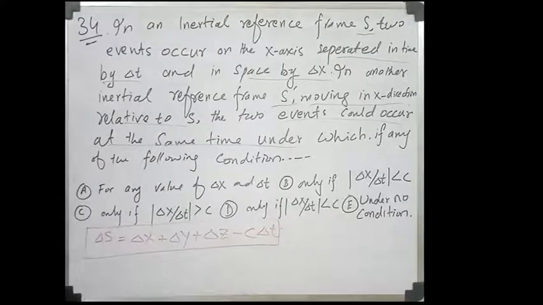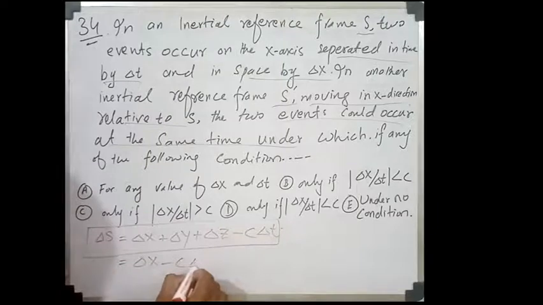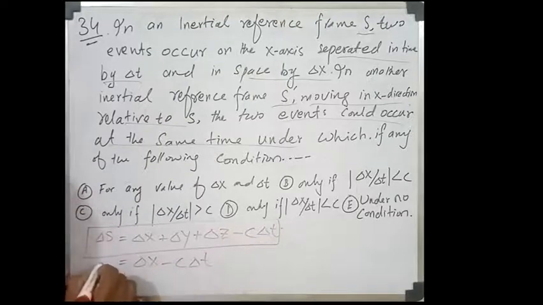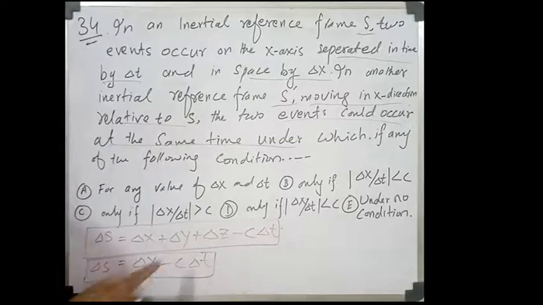In this case there is only separation in the x direction in space, so this formula will reduce to delta x minus c delta t. Because these two are 0, there is no separation in y and z direction, the separation is only in x direction, so the formula reduces to this.